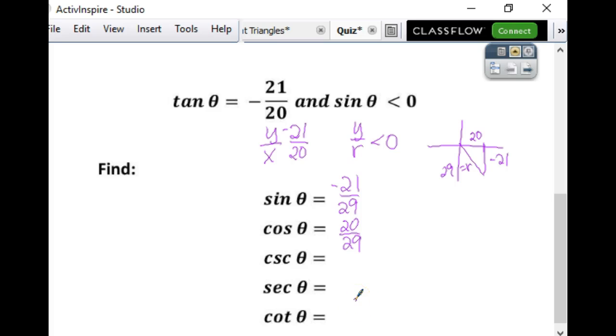Sine. So the cosecant would be 29 over negative 21. The secant, I'm going to flip this one, which would be 29 over 20. And the cotangent is the flip of the first one. Okay?